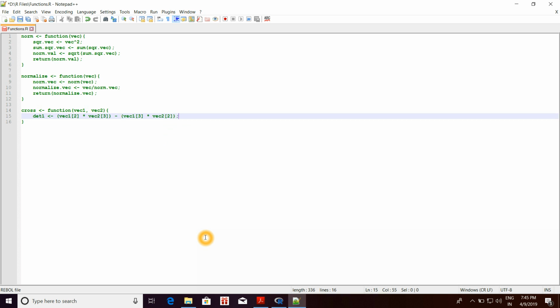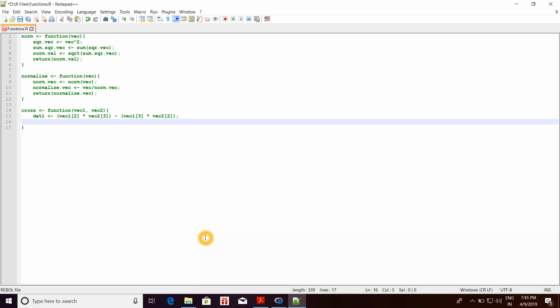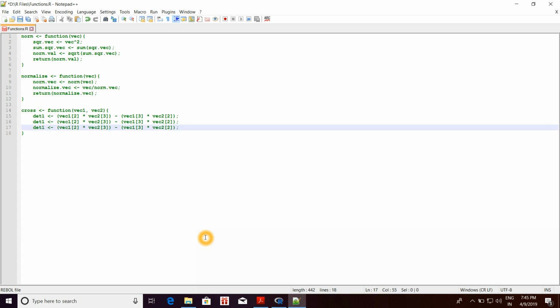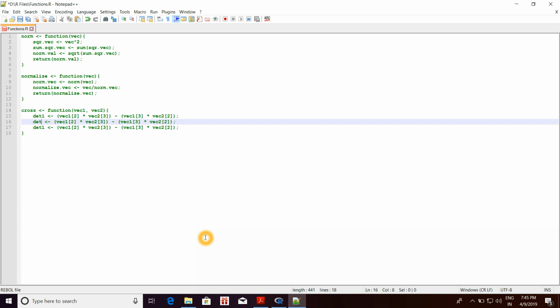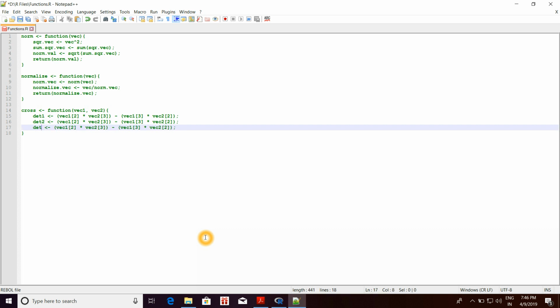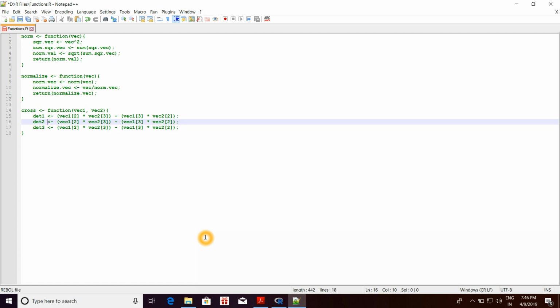You can copy that and paste it two times for determinant 2 and determinant 3. For determinant 2 it is vec 1 1 and vec 2 3, and vec 1 3 and vec 2 1.